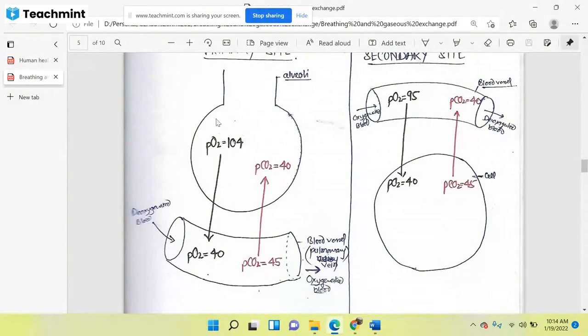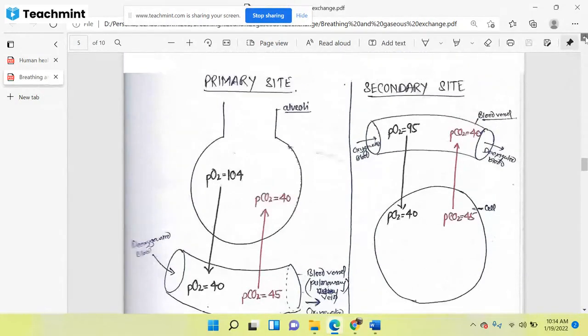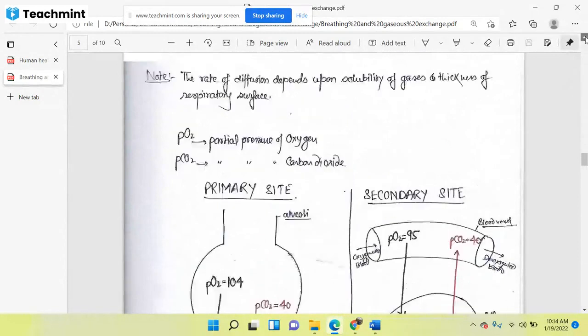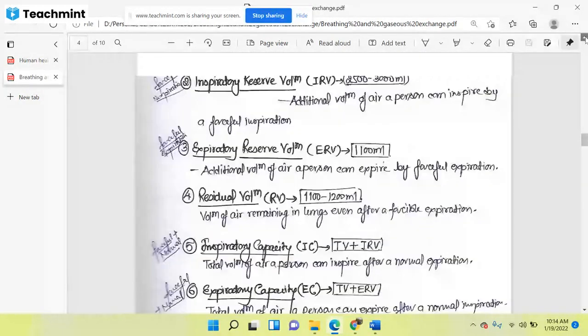You just see oxygen has been taken up from the alveoli and it has been transported to the tissue. And ultimately what happens with the carbon dioxide? Carbon dioxide produced in this cell or the tissue will be transported in the alveoli. Okay, so all these processes are taking place under the process of respiration. We will discuss the whole thing later also.